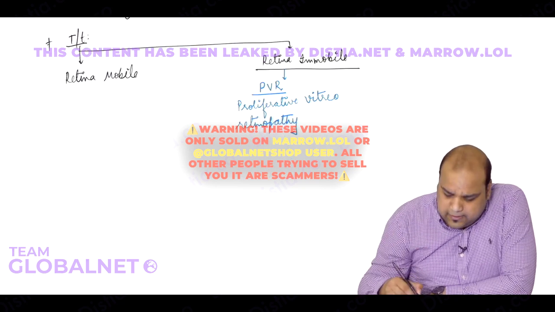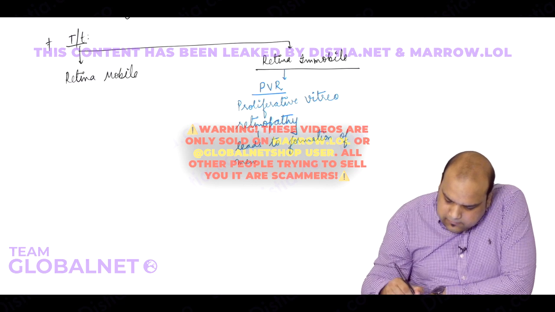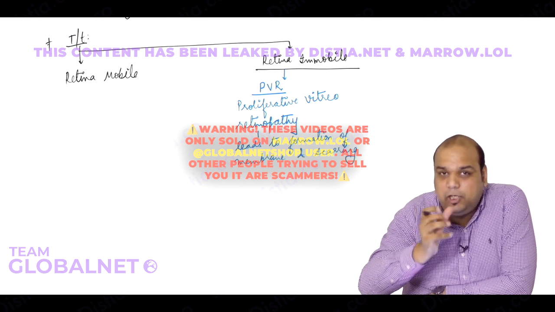Proliferative vitreoretinopathy leads to formation of membranes and scarring. Okay? This scarring makes the retina immobile or taut.